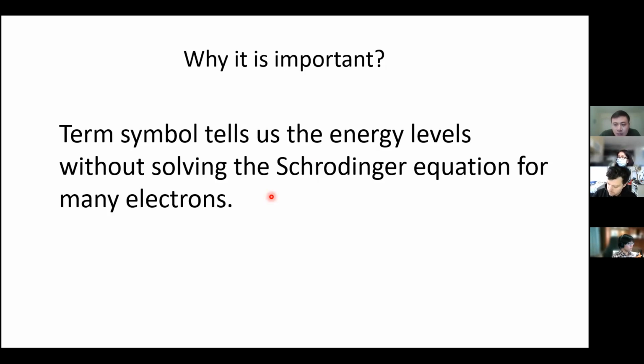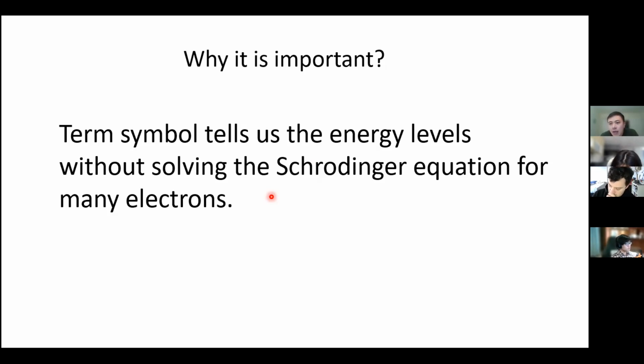One impression we may have had from our last lecture is that the many-electron wave function is complicated, right? We have to go through a lot of integrals and a lot of calculus to get something that is even only an approximation. It's complicated. And that's why the term symbol is so powerful.